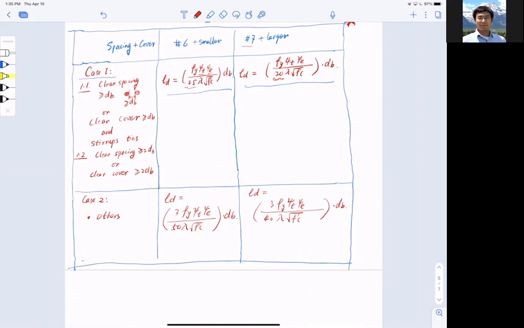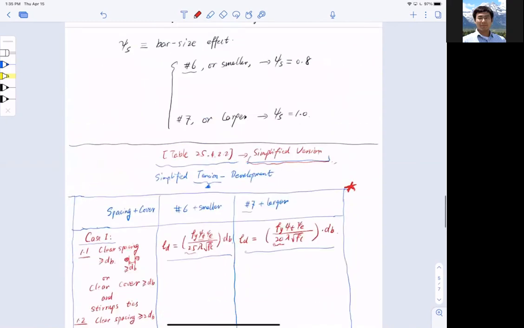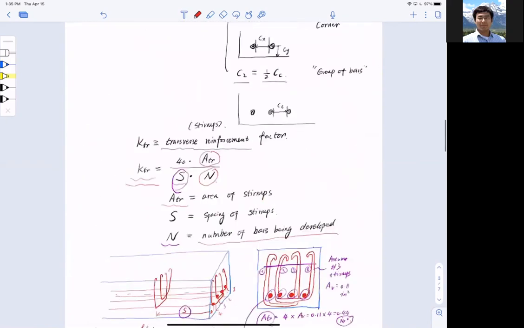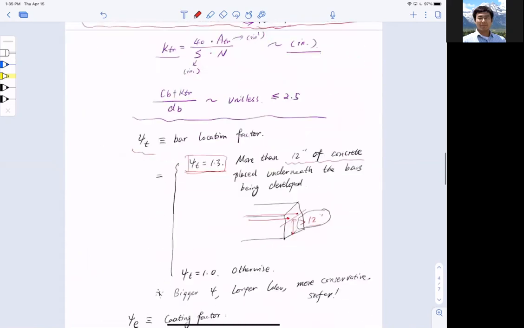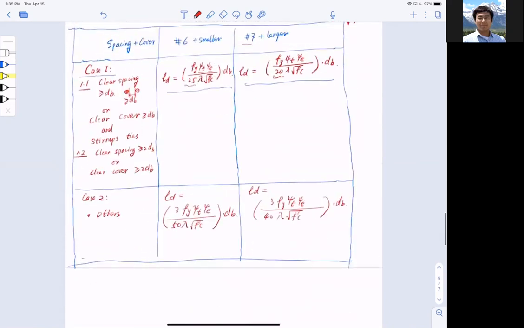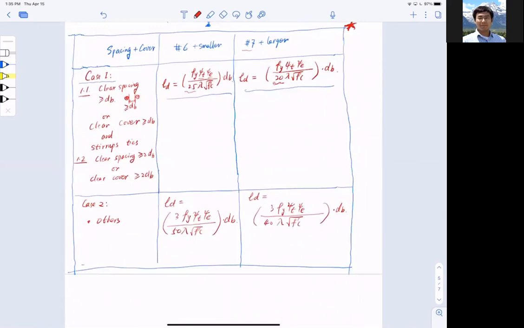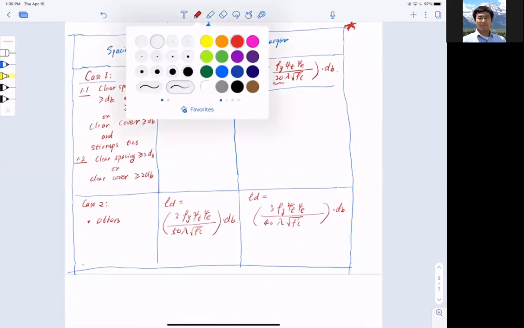Now, at this point, you observe this so-called simplified version and compare it to the lengthy development length equation version. What is really missing is the confinement term, (cb plus Ktr) divided by dB. So why can this be omitted? Let me use a different color.